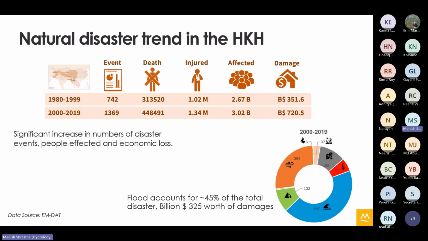If you break down those disaster events, we see that floods account for nearly 45% of the total disasters in the HKH region, and more than half of the damage is also caused by floods.